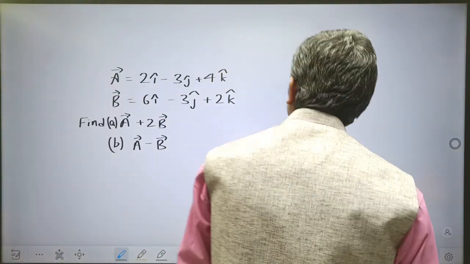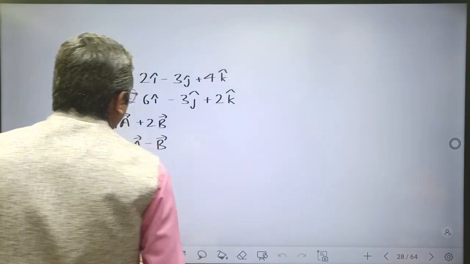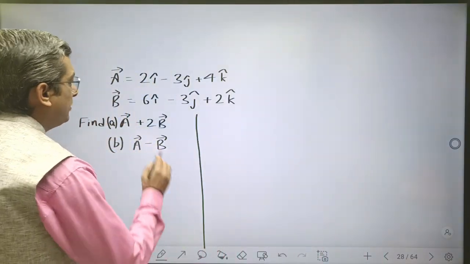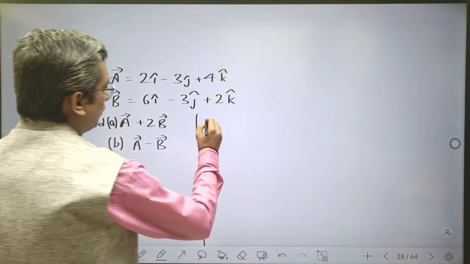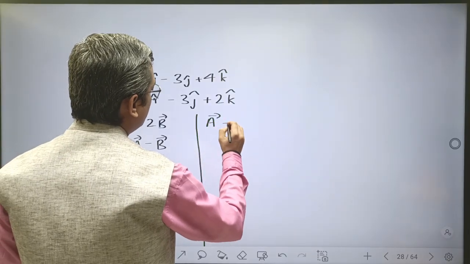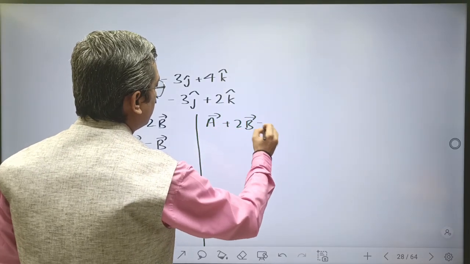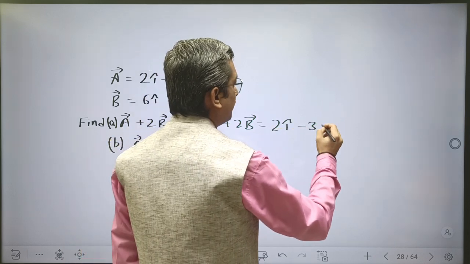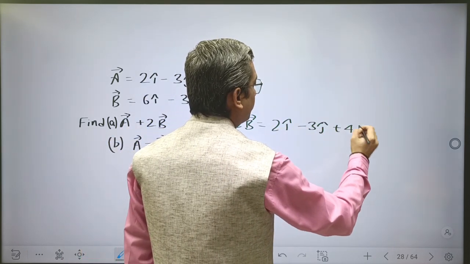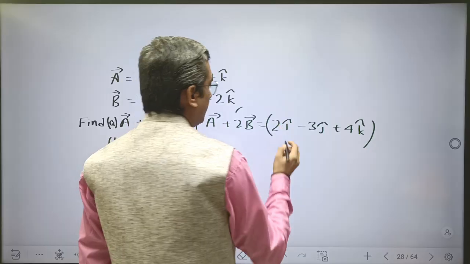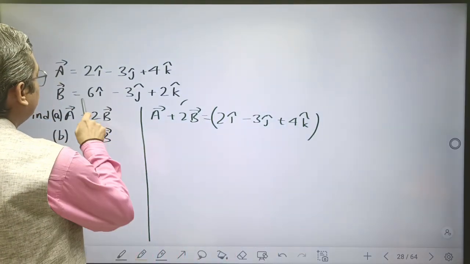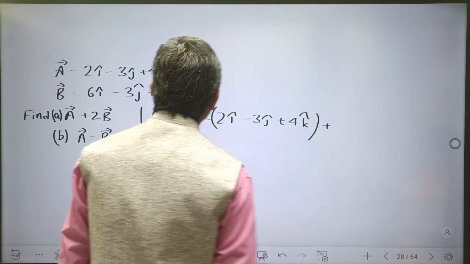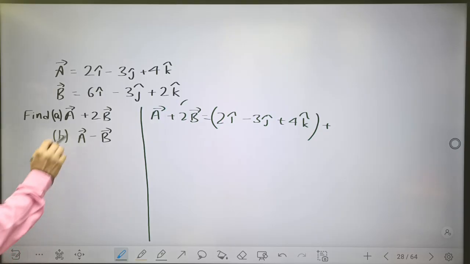So you have to add the corresponding components, and that's all. Next. Now you have to find here A plus 2B. So I am going to solve the first question. A plus 2B is given by 2 i cap minus 3 j cap plus 4 k cap, so this is A, plus 2B. This is B vector, so we have to multiply it by 2.